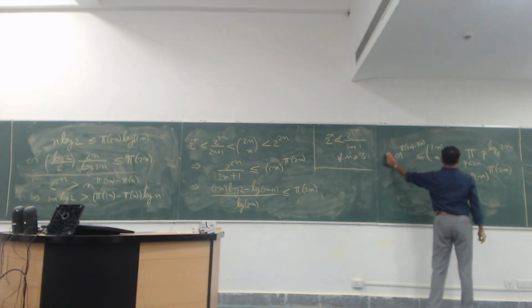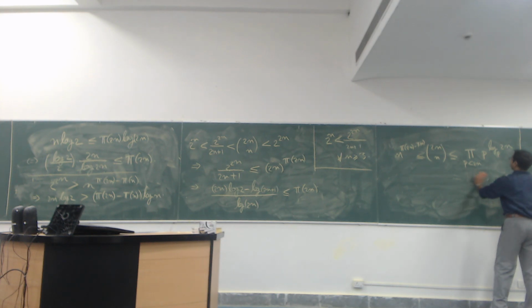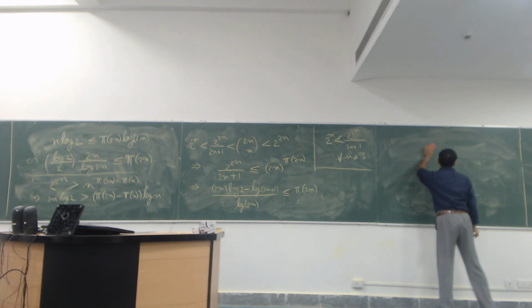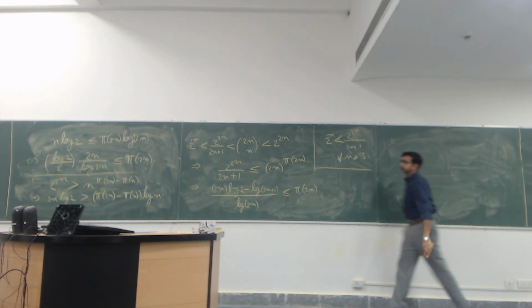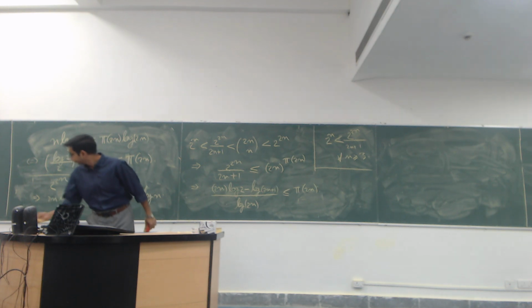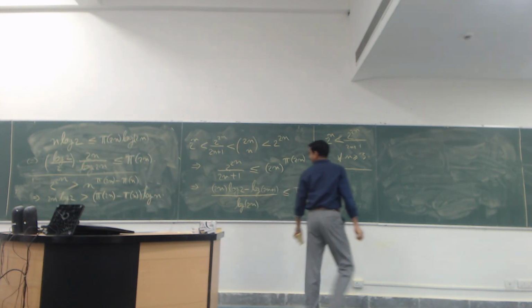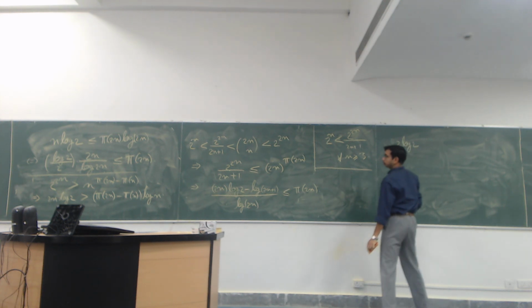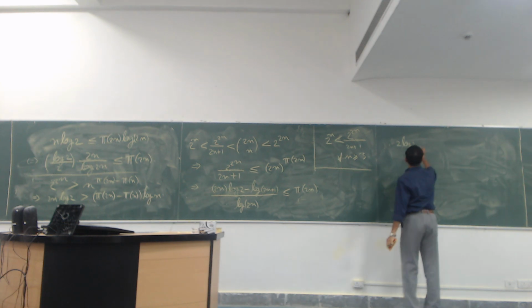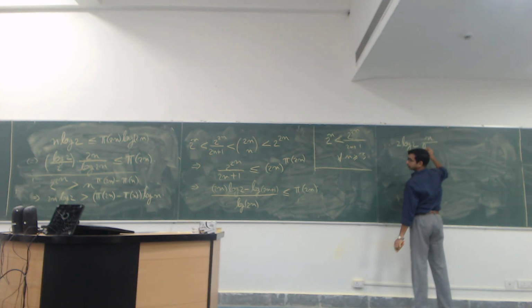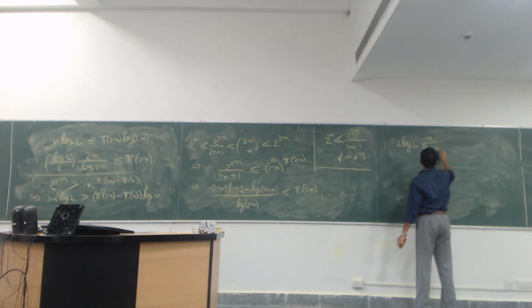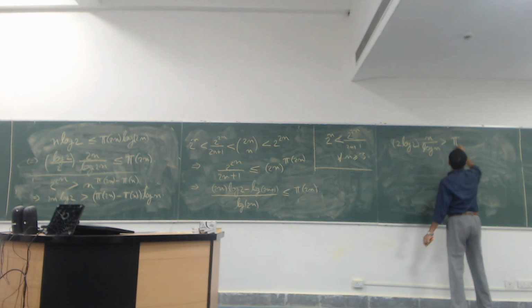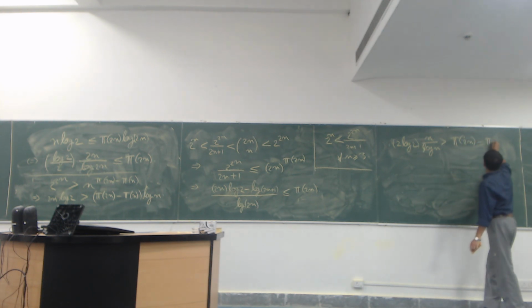So that becomes 2 log 2 times n by log n, which would be larger than pi 2n minus pi n.